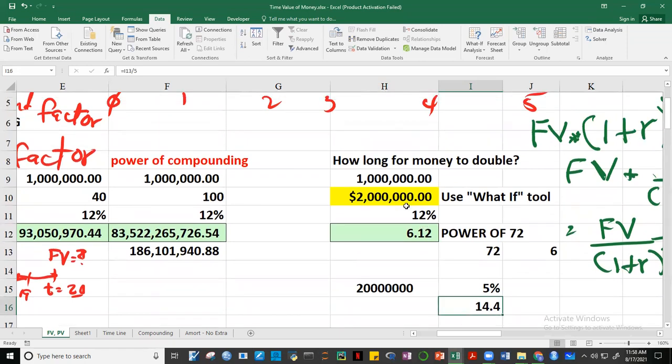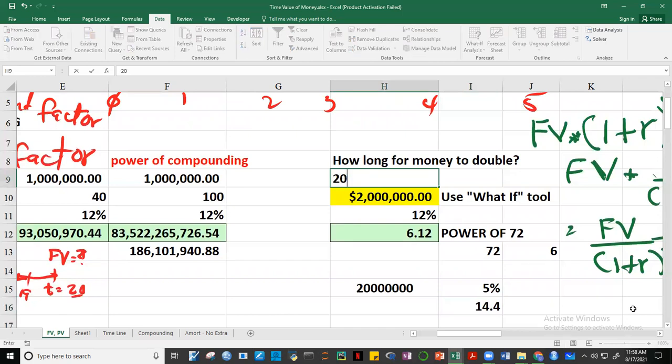Okay, check natin, palitan natin 'to ng 20,000. So this is 5%.